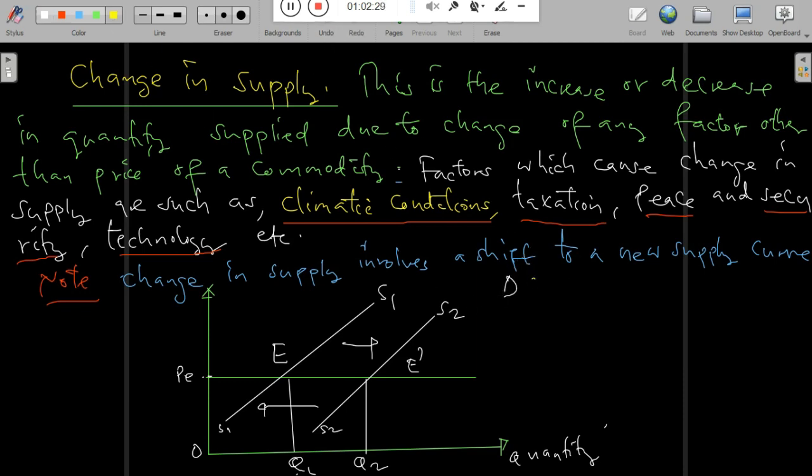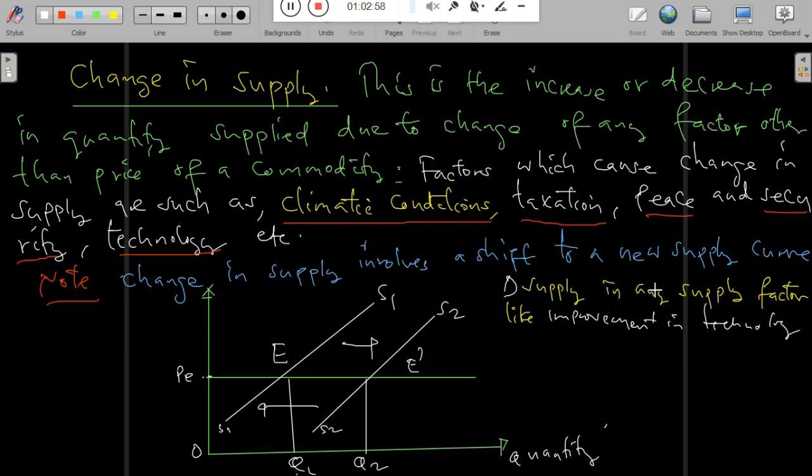It may be the causal factor for a decrease in supply, shifting the curve from S2 to S1, or for an increase in supply, from S1 to S2. So depending on factors other than price, supply may be affected by either increasing or decreasing.